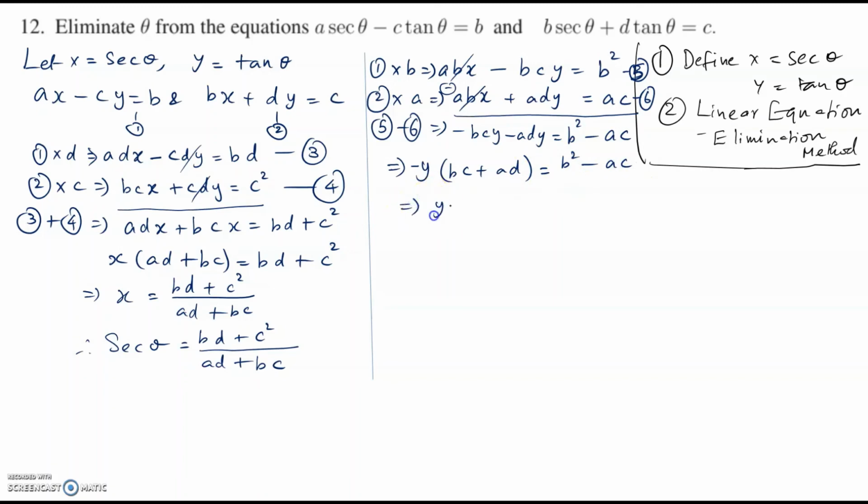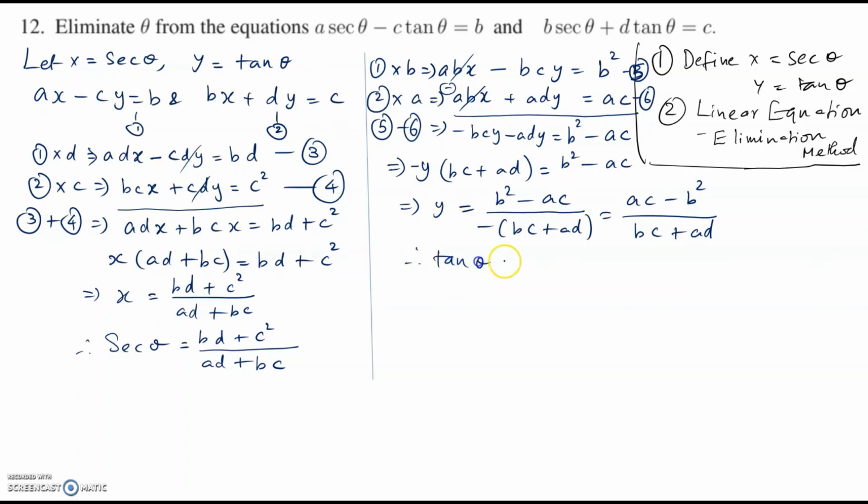So further our y will now become b squared minus ac divided by minus of bc plus ad. So eliminating the minus, this is ac minus b squared divided by bc plus ad. So our y is nothing but tan theta. Therefore tan theta is equal to ac minus b squared divided by bc plus ad.